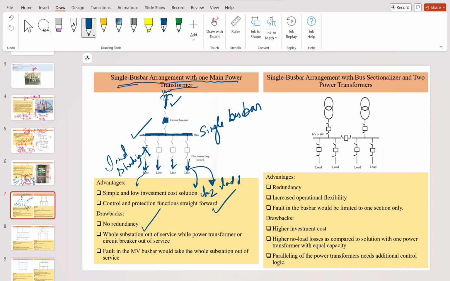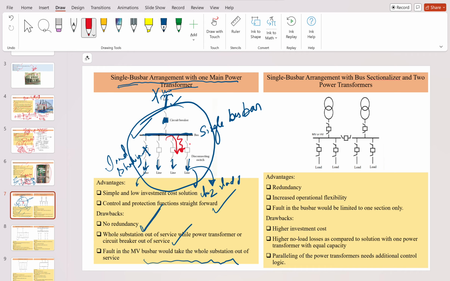So the redundancy is not there, and the whole substation will be out of service while the power transformer circuit breaker is out of service. Suppose this power transformer got out of line, in that case the whole substation will fall out of service. And a fault at the bus bar takes the whole substation out of service, because all the current will go into that, as this is a low resistance path.